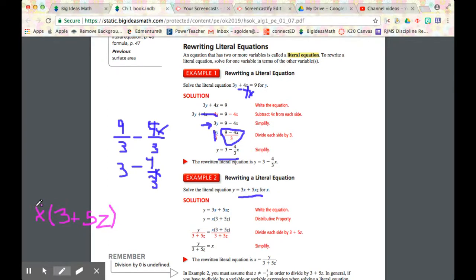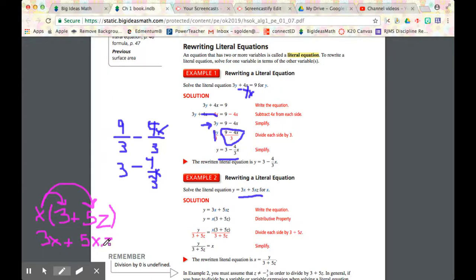If I were to take this x and distribute it in, multiply it into both of these numbers, I would have x times 3, which is 3x, plus x times 5z, which is just 5zx or 5xz. It doesn't matter because they're all being multiplied.